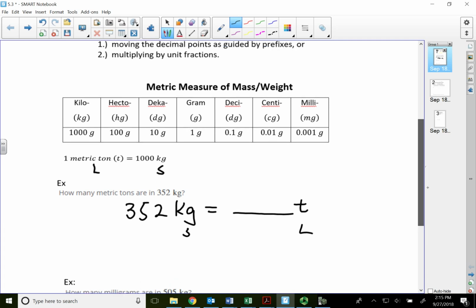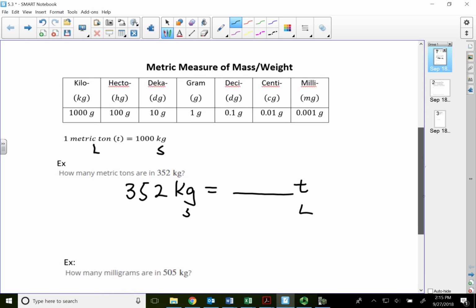If I use the shortcut we did before, small to large, we divide, and the conversion number between metric ton and kilogram is 1,000. So we take 352 divided by 1,000, which is the same thing as moving the decimal to the left 3 places. So my answer has to be 0.352 ton.